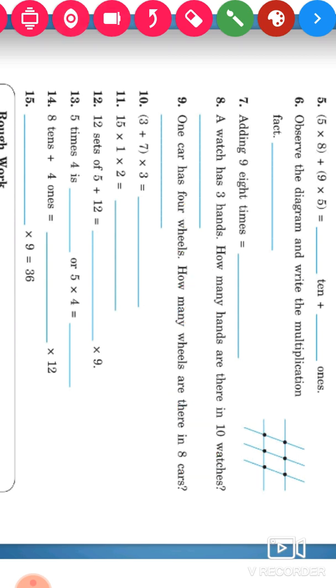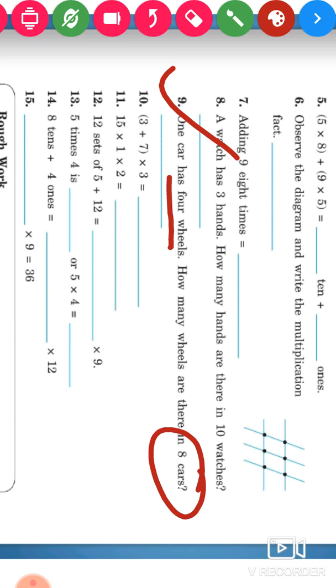Now question number 9. One car has 4 wheels. How many wheels are there in 8 cars? Do this question yourself.